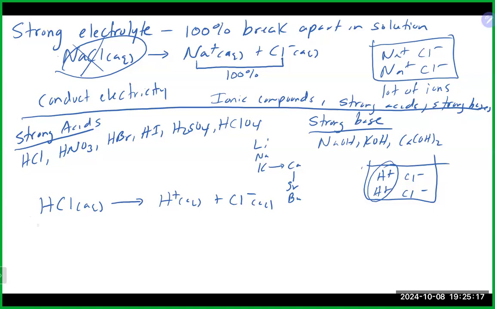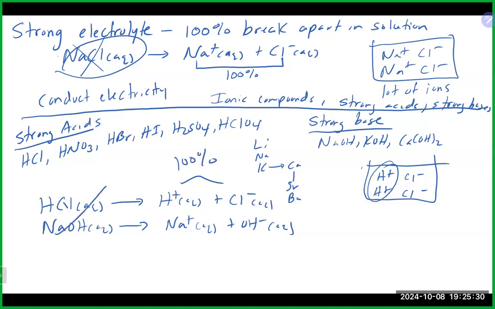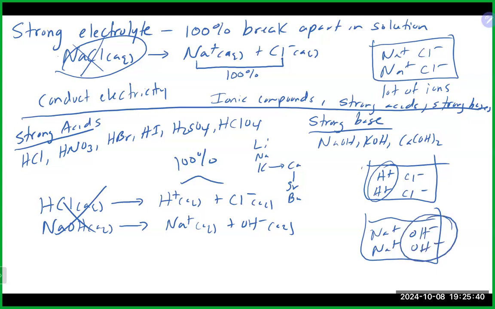And same thing with sodium hydroxide, for example, which is a strong base. It will 100% break apart into sodium ions and hydroxide ions. Again, 100%, none of these units in solution. If you looked at that beaker, you would have a lot of sodium, but more importantly, a lot of hydroxide ions floating around. And the presence of a lot of hydroxide ions is what makes something a base.